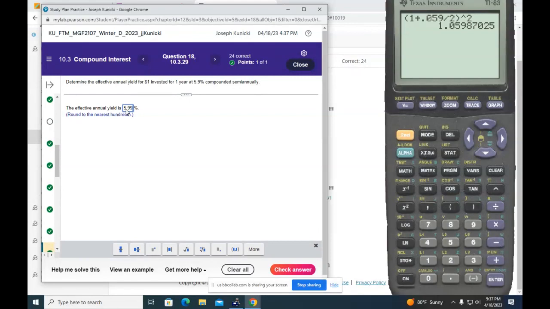Just eliminate the 1 because the 1 is the principal. So there's the effective rate, and it's 5.99, 2 decimal places. So that's what they would advertise. They would say 5.9 APR, 5.99 APY, and be in bigger letters because it's a bigger number. And they're not lying. It's just that you only get that if you leave it in there for the full year.